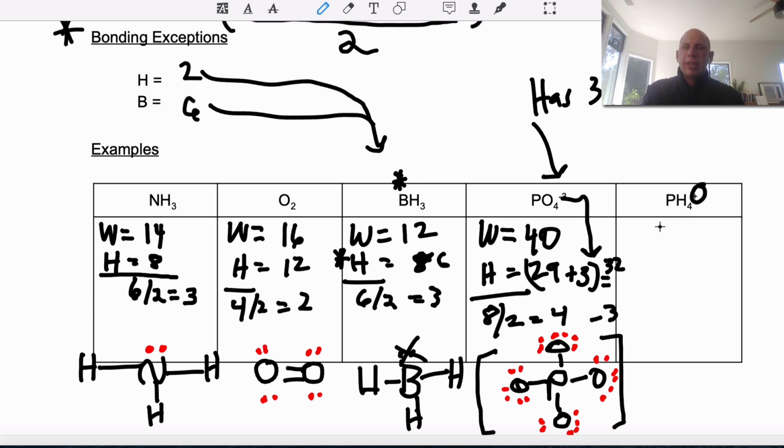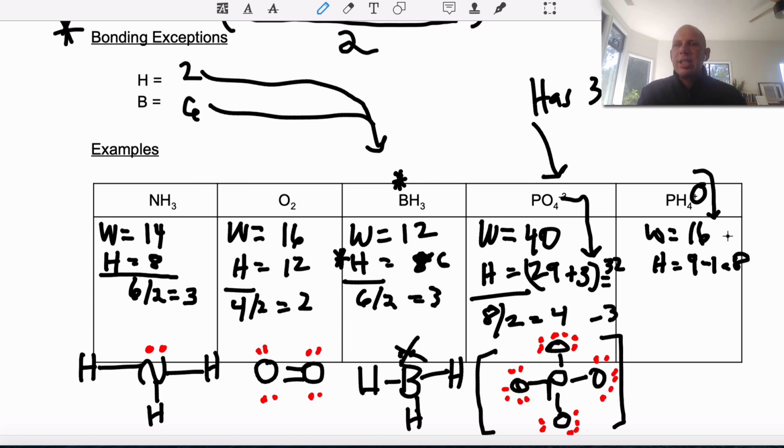Now let's look at this one. Well, that's got a positive charge. So what does it want? 8 plus 8, that's going to be 16. Have. What do we have here? We have 5 plus 4 is 9, minus 1. So 9 minus 1, okay, equals 8.